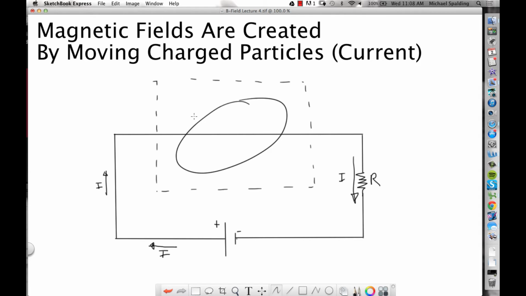A circle. Yeah, it wouldn't make much sense for a magnetic field to follow a triangular path. Right, it's a circle, okay? When you have current in a wire, the magnetic field is going to be a circular path around the wire.